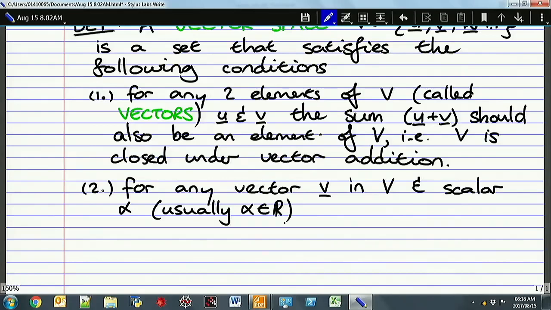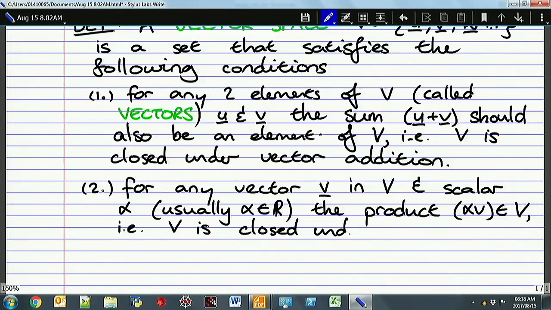So for any vector v and a scalar alpha, the product alpha v is again an element of V. And this is closure under scalar multiplication. So let's write that down as well, i.e., V is closed under scalar multiplication.